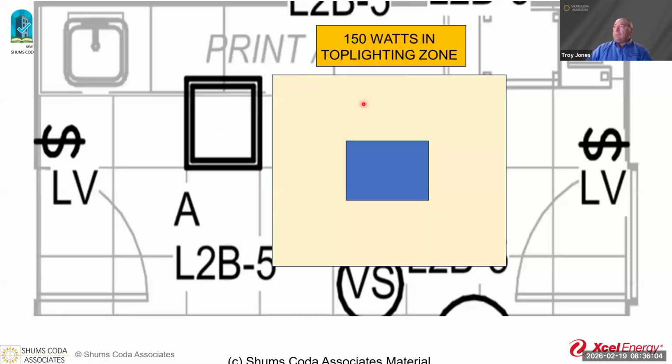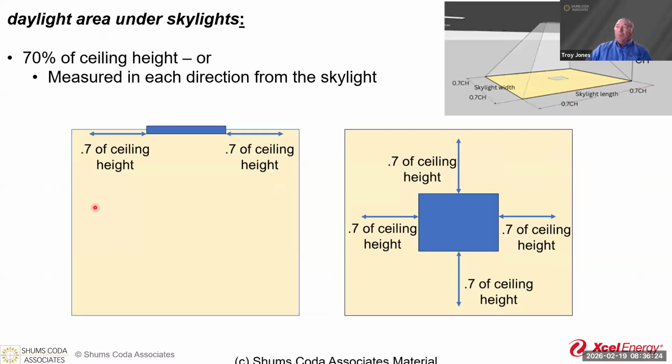So this would be what we would be looking at for those top lit zones and how to figure them out. If you want to put these in, you can, and this would be the way to do that. But there is no requirement in the code that these be there. So just want to let you know how to work it and where it's at.